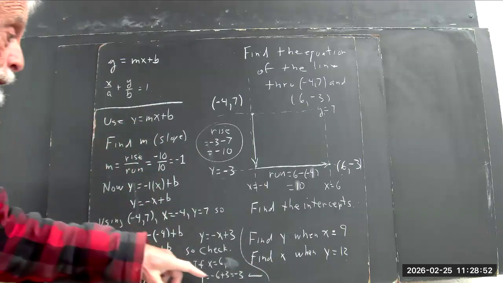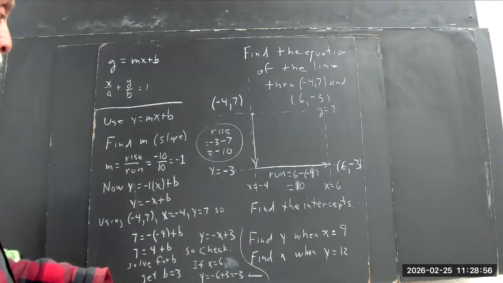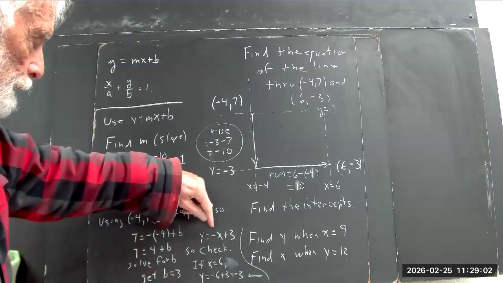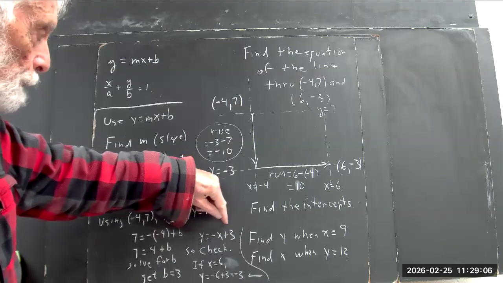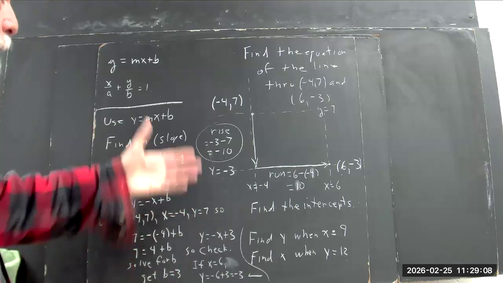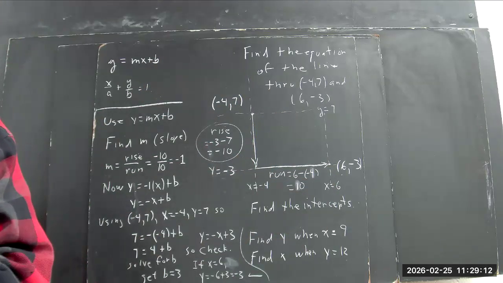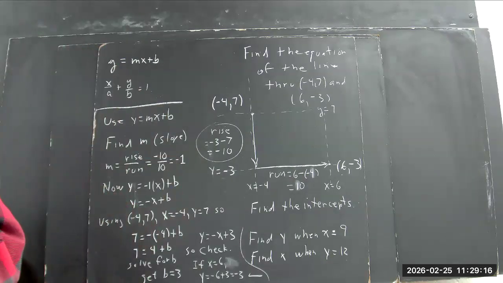And we could plug -4 in. Okay. If we plug in -4, we get negative of -4, which is 4, and 4 plus 3 gives us 7. So we could plug each point in just to make sure the equation is satisfied by each point on the graph.